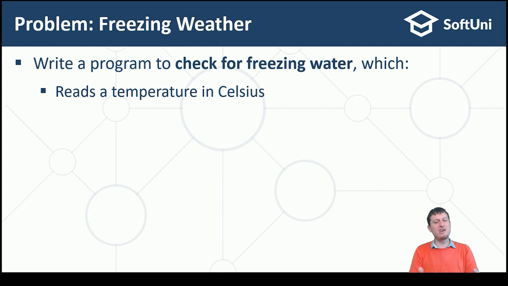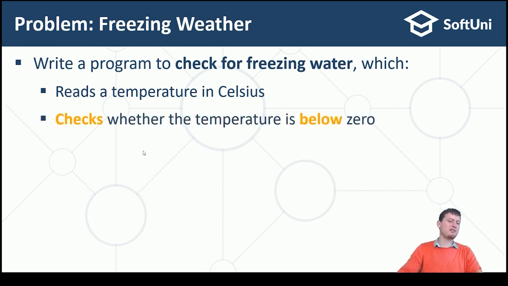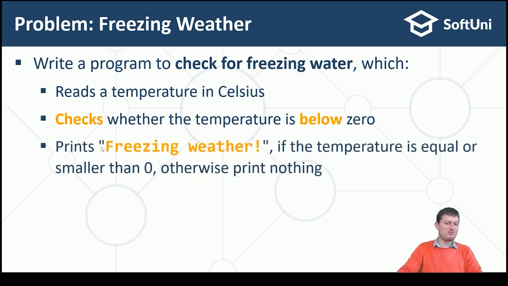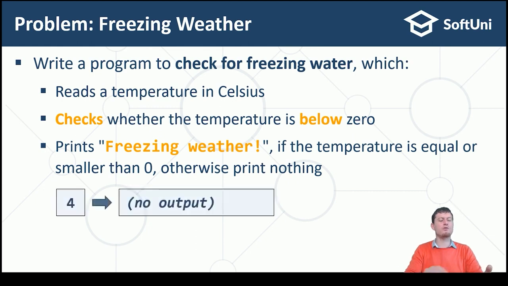So assume we have a problem. We want to check whether the temperature of the water is freezing or not. We read the temperature in the Celsius scale and we check whether the temperature is below 0 or not. So we print freezing weather if the temperature is smaller than 0, otherwise we print nothing.